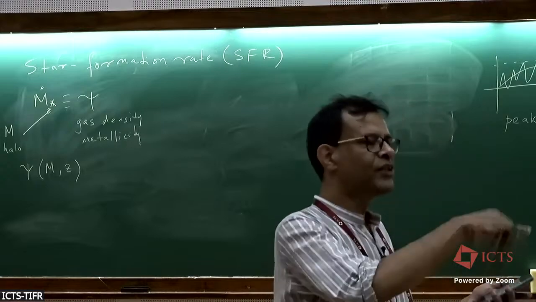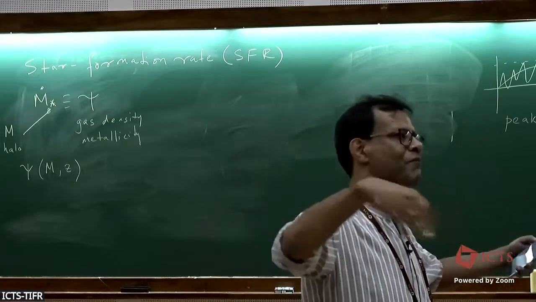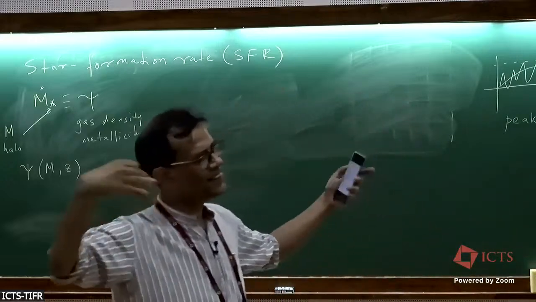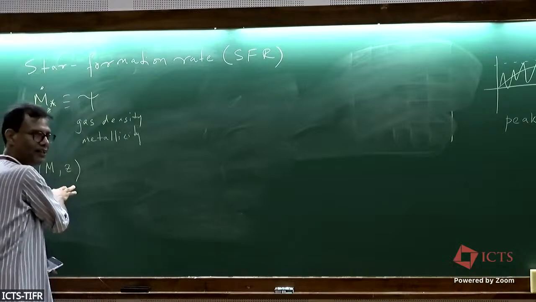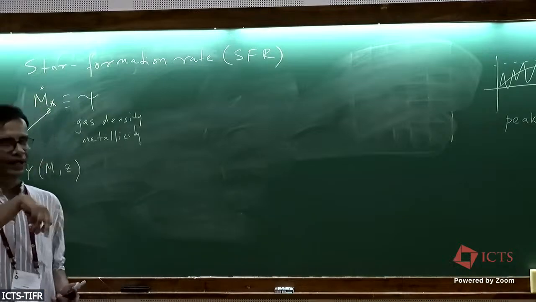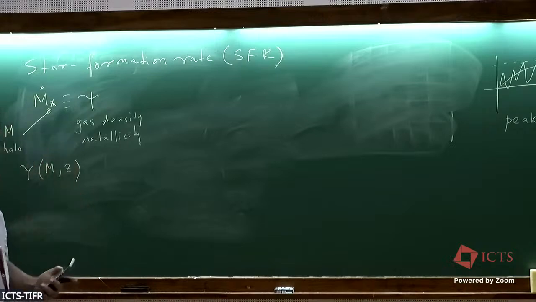In other words, if you have 10^8 solar mass halos at redshift 12, all of them will have the same metallicity, same cooling, and hence the same star formation rate. This is an assumption. This is not true. And I will tell you later in this lecture, if I have time, what happens if we try to make it more complicated.